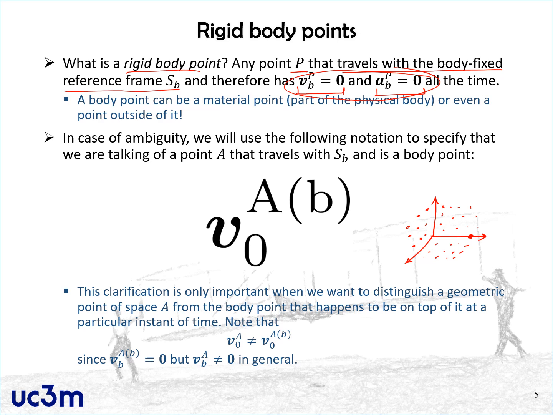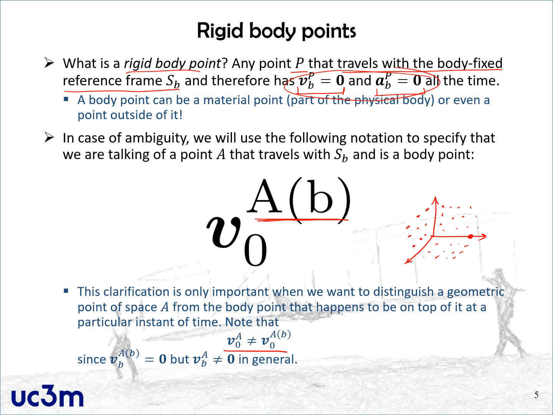So, in order to avoid ambiguity between a fixed point of a space A and the body point that happens to be on top of that point at some instant of time, we will use this nomenclature. Usually we will not need to do this. We will only use it when necessary to avoid the ambiguity.